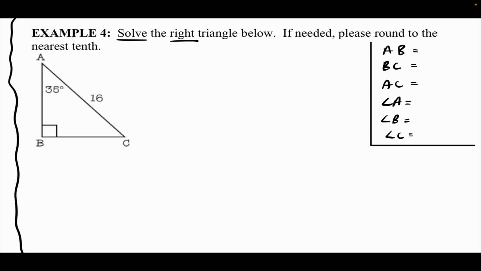Which of those do you know? I know A to C is 16. I know angle A is 35. I know angle B is 90 degrees. And that's what I know.